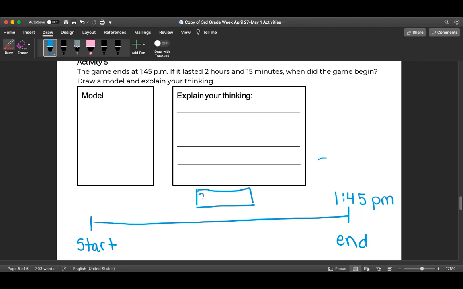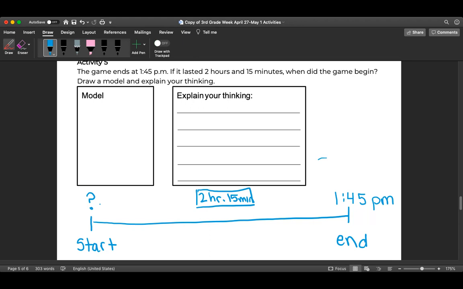Well, that's the part in the middle. It's how much time passed between the start and the end. And the part we don't know that we're asked is when did the game begin? So what we don't know is the start time or the beginning. And so we've got to figure out what time the game started.